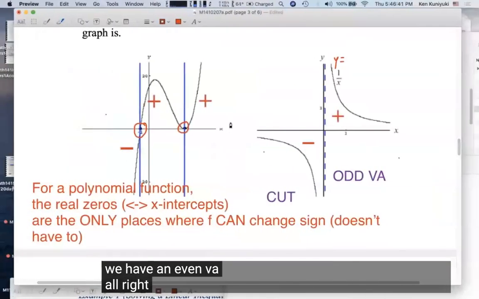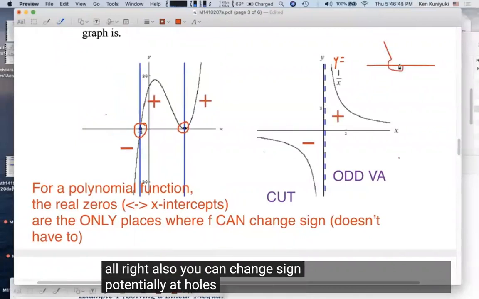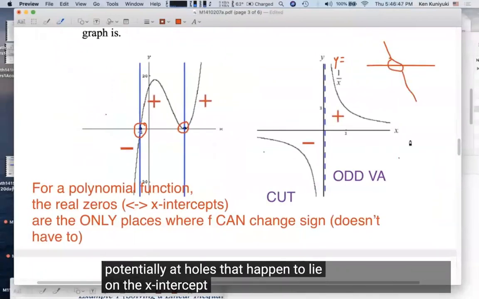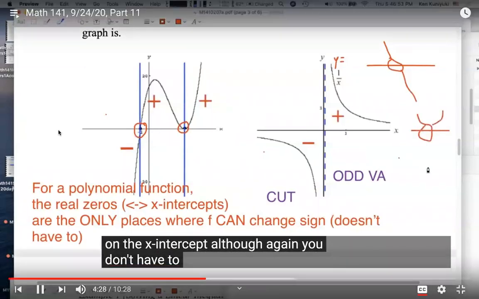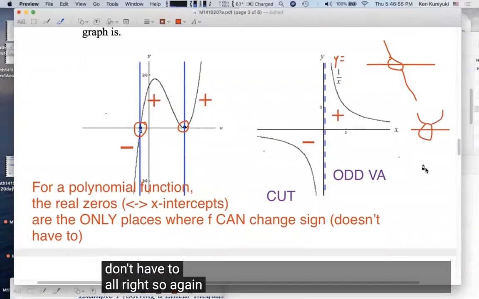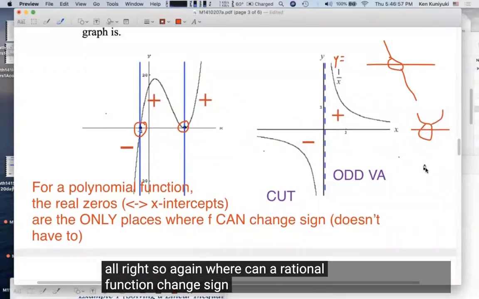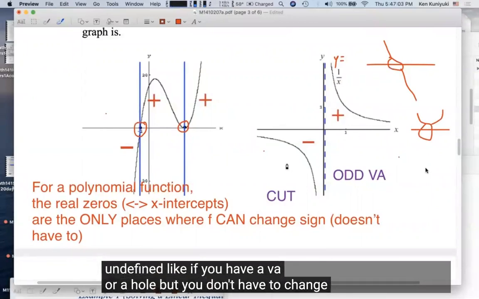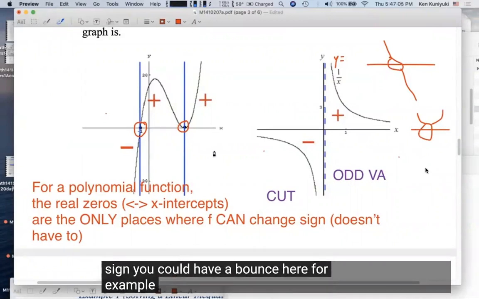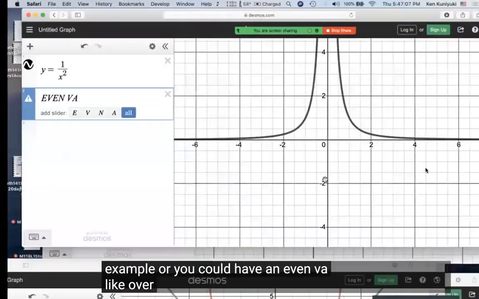Also, you can change sign potentially at holes that happen to lie on the x-axis, although, again, you don't have to. All right. So again, where can a rational function change sign? At the real zeros or where it's undefined, like if you have a VA or a hole. But you don't have to change sign. You could have a bounce here, for example, or you could have an even VA, like over here.